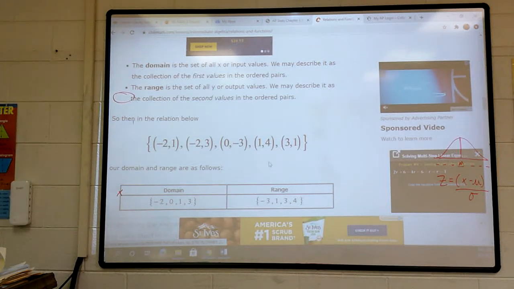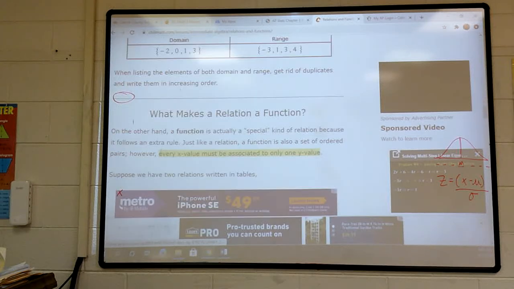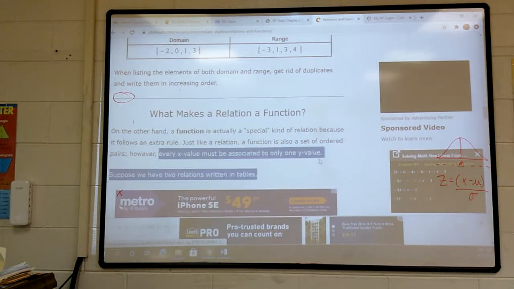Yeah. So the domain is all the possible x values, and the range is all the possible y values. A function is the same as a relation, except every x value must be associated to only one y value.